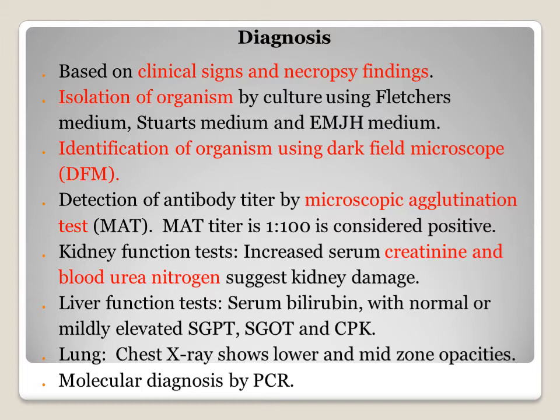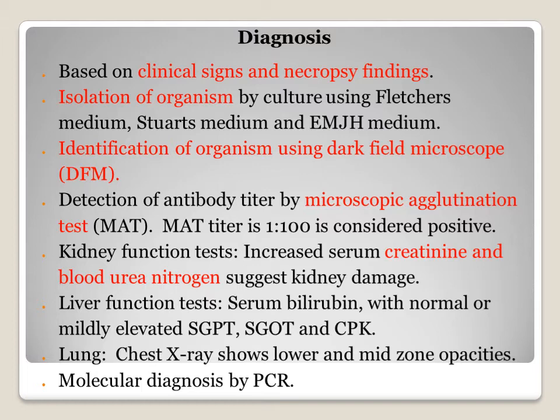Going to the diagnosis, the next step is isolation of the organism by the culture method in the laboratory. Then identification of the organism using a dark field microscope. This is usually done in the laboratory and some sophisticated veterinary dispensaries. In a dark field microscope, the light comes from the side and the background is dark.